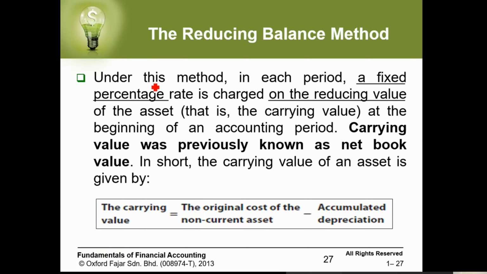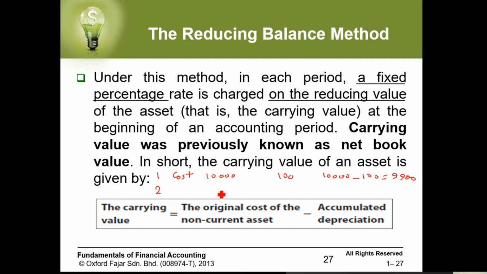Let's say for year number 1, the cost of the asset is 10,000. We decided to calculate depreciation as 100, which means the carrying value for the first year is 10,000 minus 100, which is 9,900.